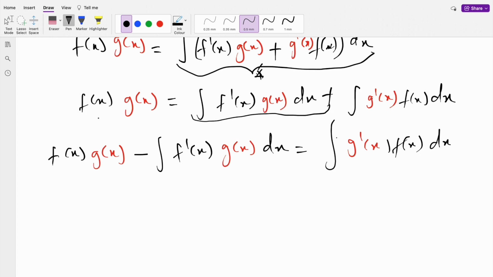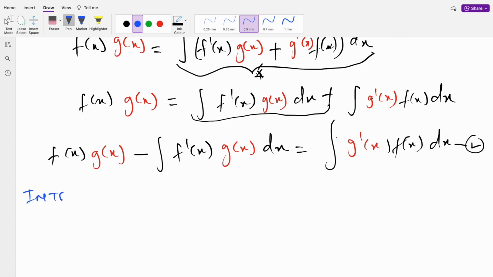So from this equation, we can now define our indefinite integral. Let me use the blue pen.